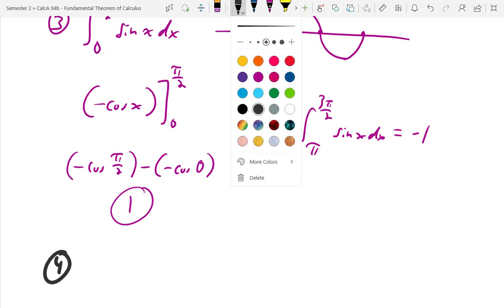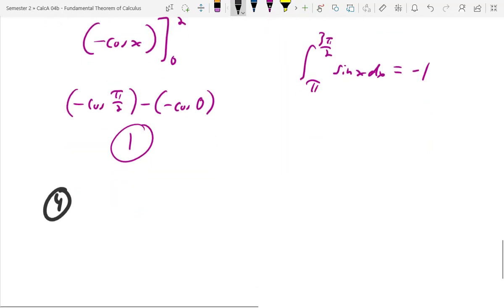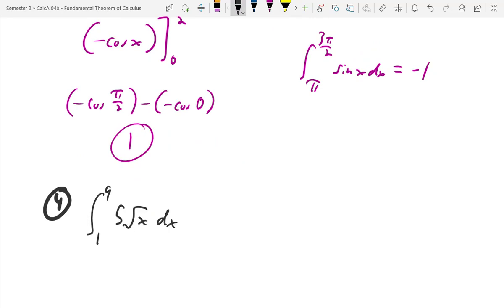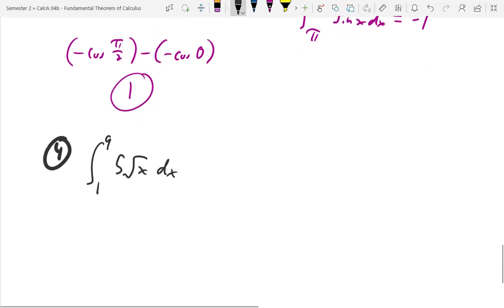Okay, number 4. Integral from 1 to 9 of 5 root x dx. When you have a constant like this, I would pull the constant out, rewrite it as x to the 1/2 so you don't confuse yourself when you raise.